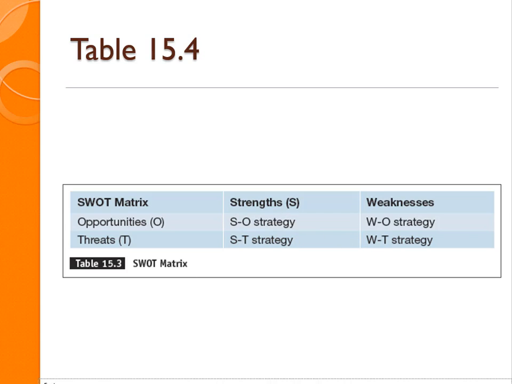You can also think about that strengths and weaknesses are internal to the organization. That is, things that you do well, things you don't do so well. And then opportunities and threats are external to the organization. So sometimes you might see it listed as that as well.